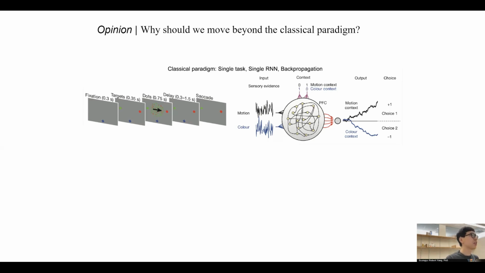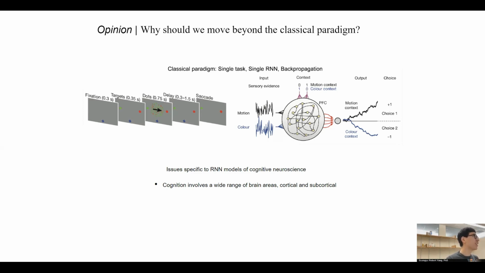But there are also some specific problems when you use these recurrent neural networks in this paradigm to model cognitive tasks. First, cognition involves many regions.